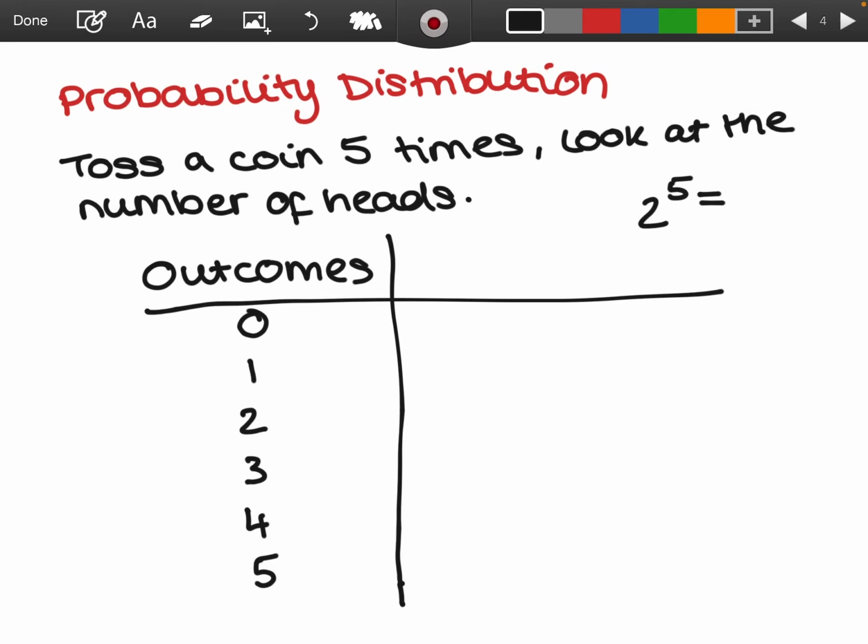There are 2 different outcomes, heads or tails, and we are tossing this coin 5 times, so there are 2 to the 5 different sequences of outcomes. So there are 32 possible ways that you can get heads or tails from tossing a coin 5 times.